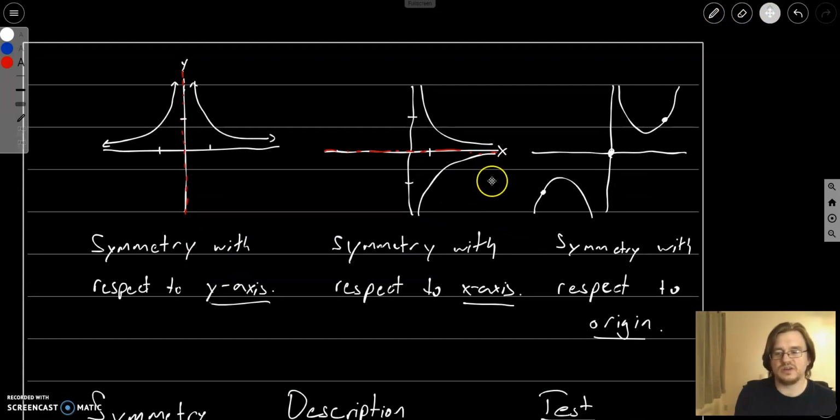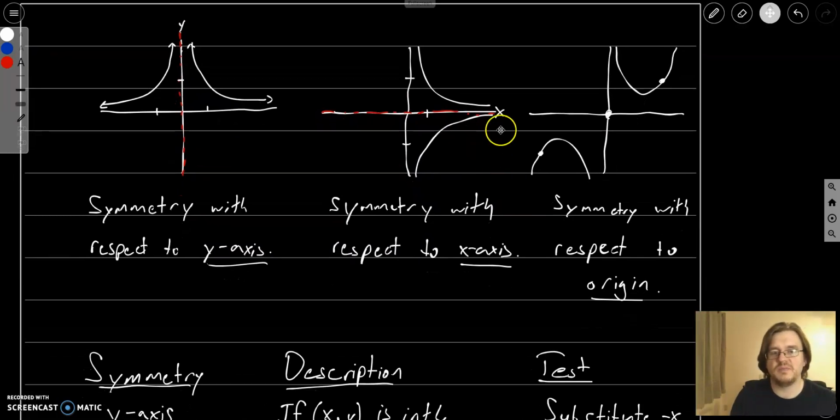Then this will also be the subject of the next video, but symmetry is again a rather important part of mathematics. And there are different types of symmetry. So we can have symmetry with respect to the y-axis. Again, the y-axis is going to be this vertical axis here.